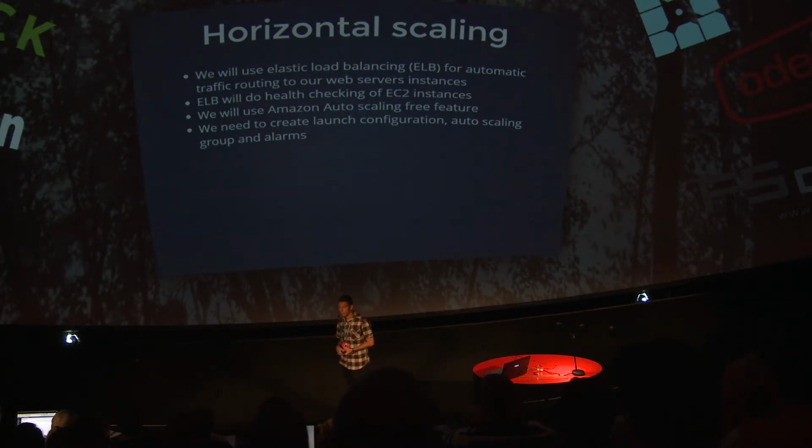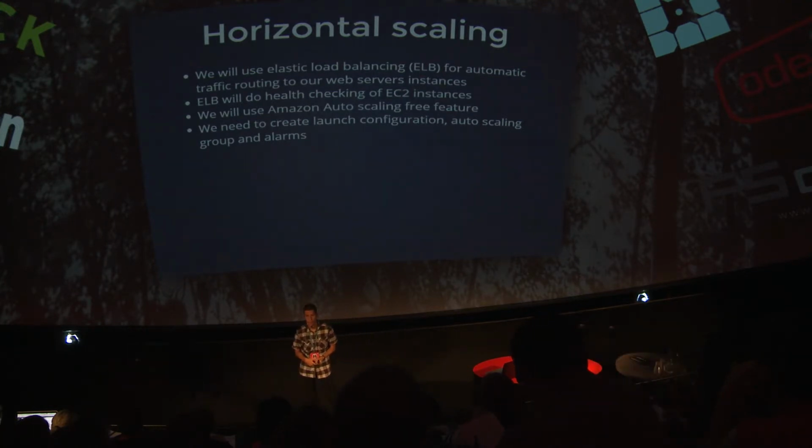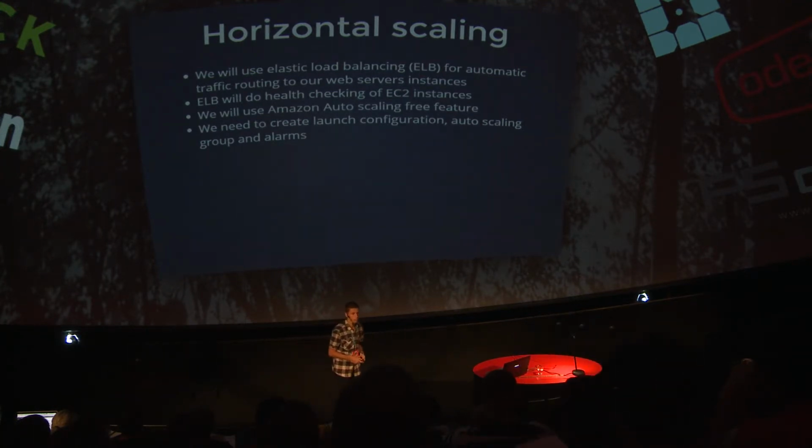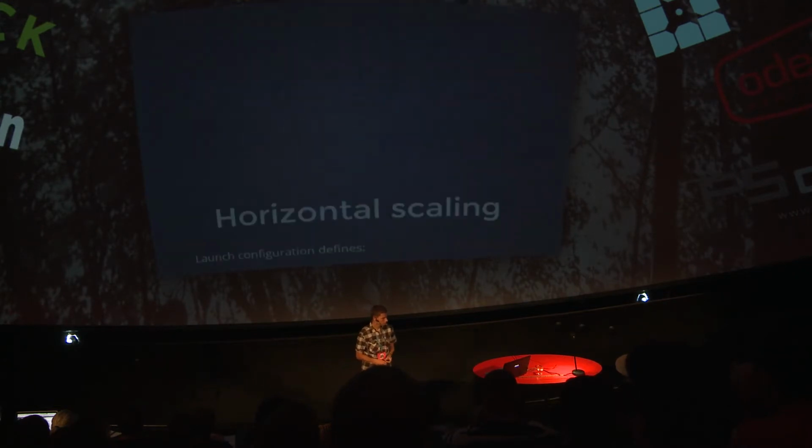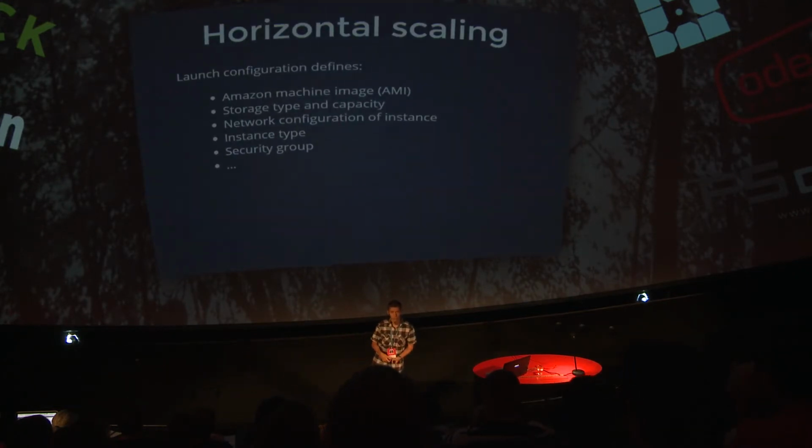What we also need to create are launch configurations and alarms that will trigger these scaling events. A launch configuration describes what you will launch. It describes instance types, storage type, network configuration, security groups, and things like that.